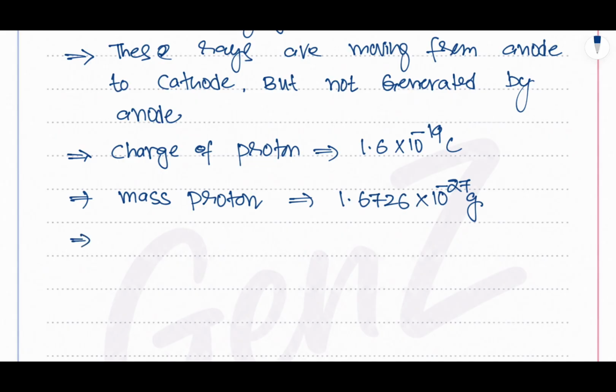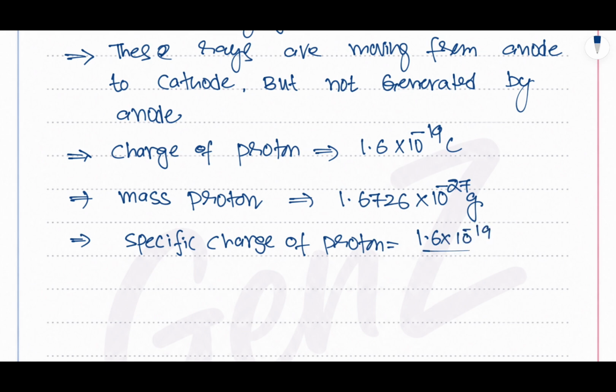If you see the specific charge of the proton, the charge is 1.6 into 10 power minus 19 coulombs divided by 1.6726 into 10 power minus 27 kg.